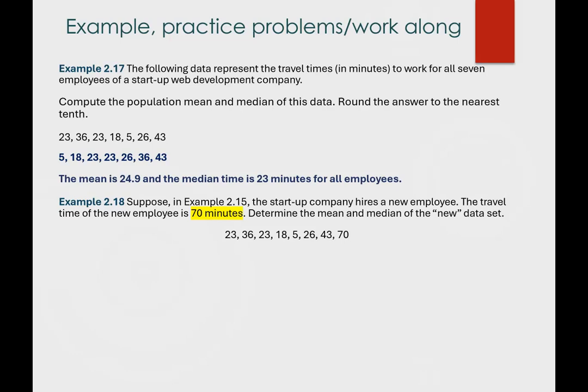So now we have 8 as our n value, and we have this 70 to consider. So you could use the same process, or you could use Statplet. Just to note, this example 2.15 was the original problem. It stemmed from a little bit back in the book.